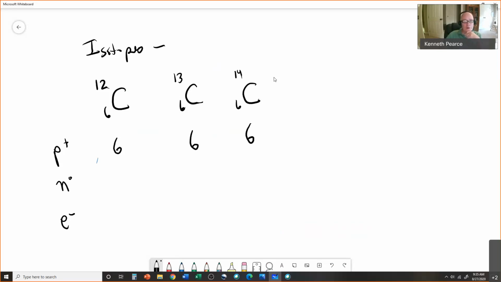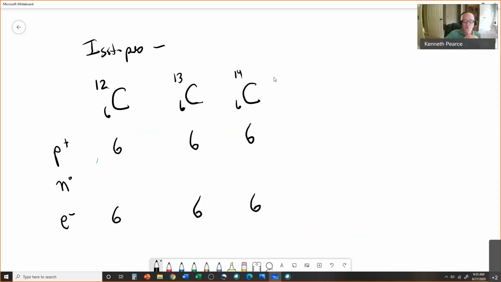And since they're electrically neutral, in other words, there's no charge on these, more on that when we get into ions, which are positive ions and negative ions, by definition these should have the same number of electrons. So we go ahead and fill these in. All carbons, when they're neutral, have 6 protons, 6 electrons, no matter what. Now, the only thing that differs between these different isotopes is the number of neutrons.